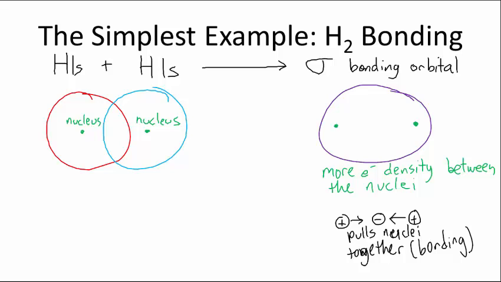And if we think about potential energy, electrons are going to be lowest potential energy when they're as close to a nucleus as possible. Well, if you were an electron, would you rather be close to both nuclei or close to one and not close to the other? You'd rather be close to both. So it turns out this bonding orbital has lower potential energy than the individual atomic orbitals.